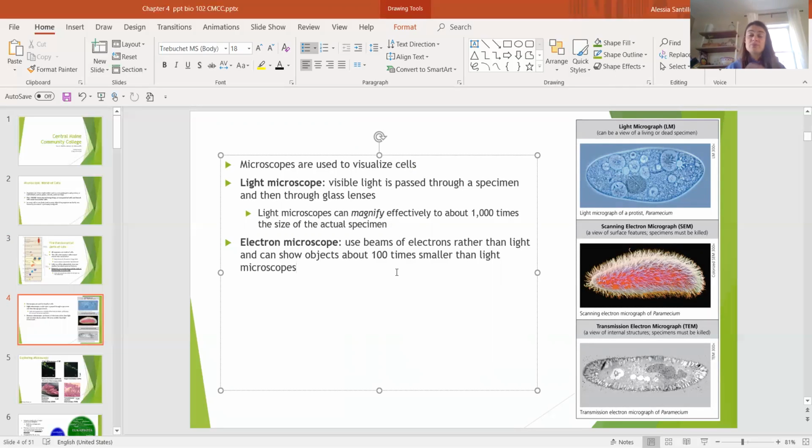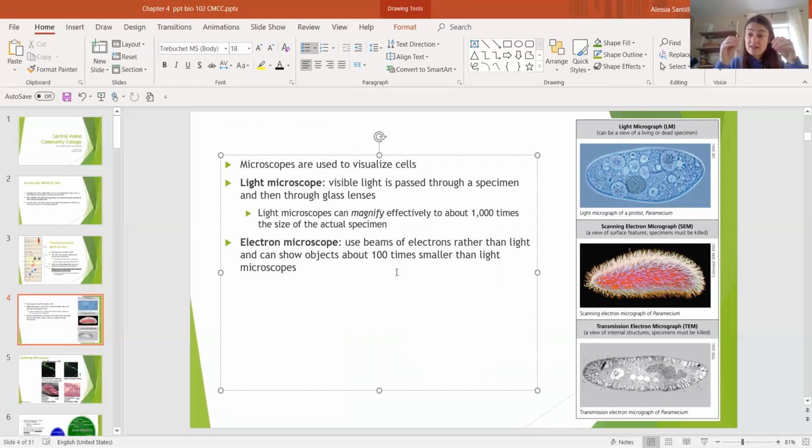Basically, the specimen first has to be prepared. When we look at specimens under the electron microscope, the specimen has to be dead. So we have to kill and fix the specimen and cover it with a specific heavy metal, something like gold or platinum. A very thin layer of gold has to cover our specimen, and then we shoot electron beams at it.